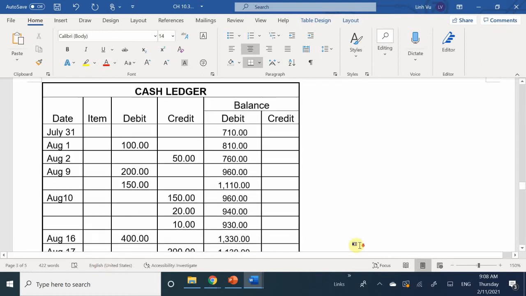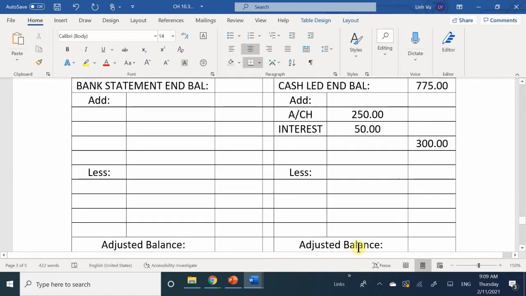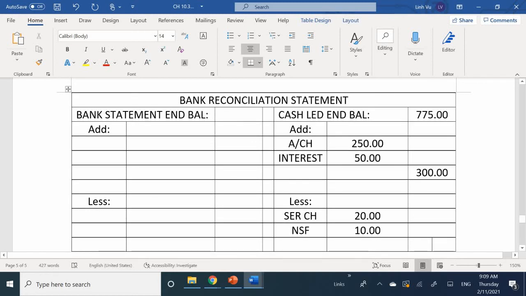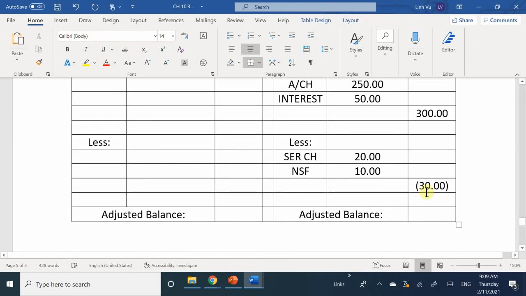So I'm going to bring that down to my little window here: service charge 20, NSF 10, bringing me a grand total of $30 to subtract. All right, so what is my total new ending balance?